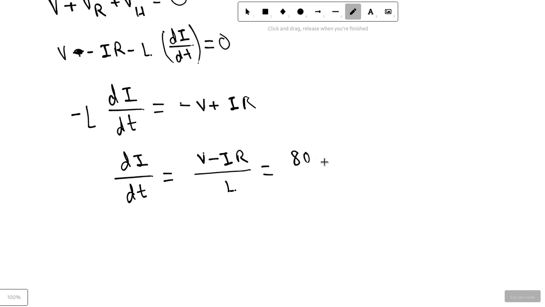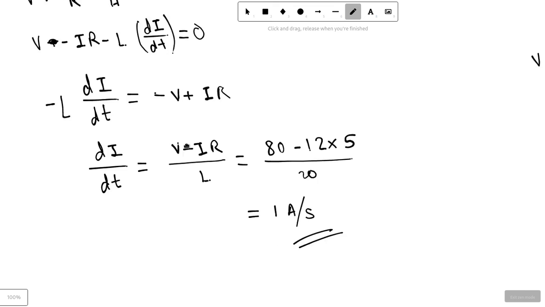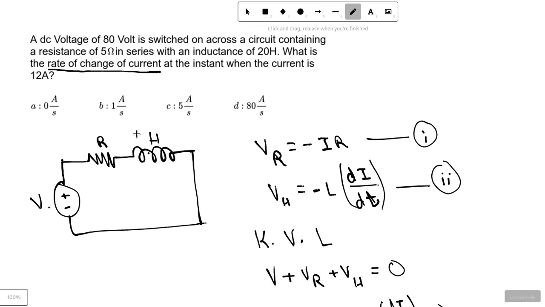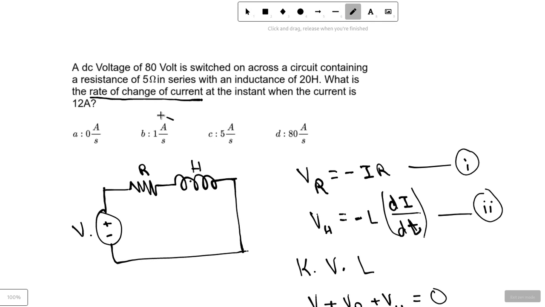Voltage is given as 80, current we need to find at 12 amperes, resistance was 5 ohms, and inductance was 20 Henry. So this gives us 1 ampere per second. So back to our question, and our answer will be option B.